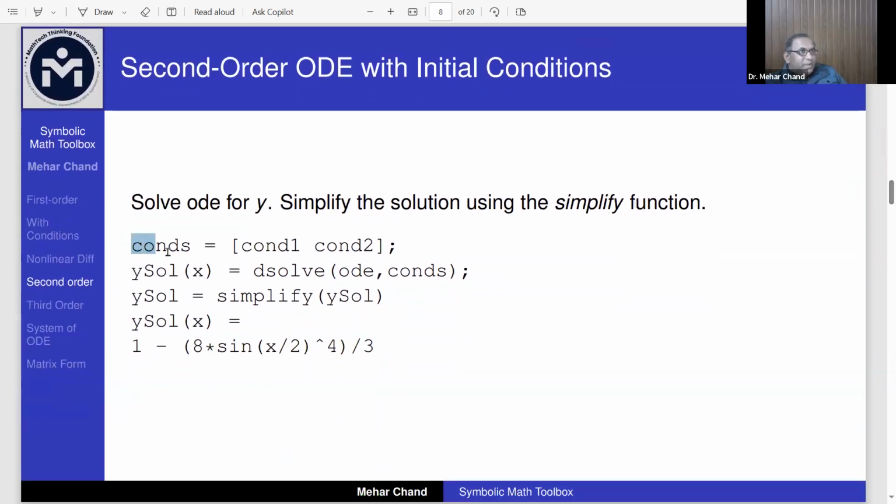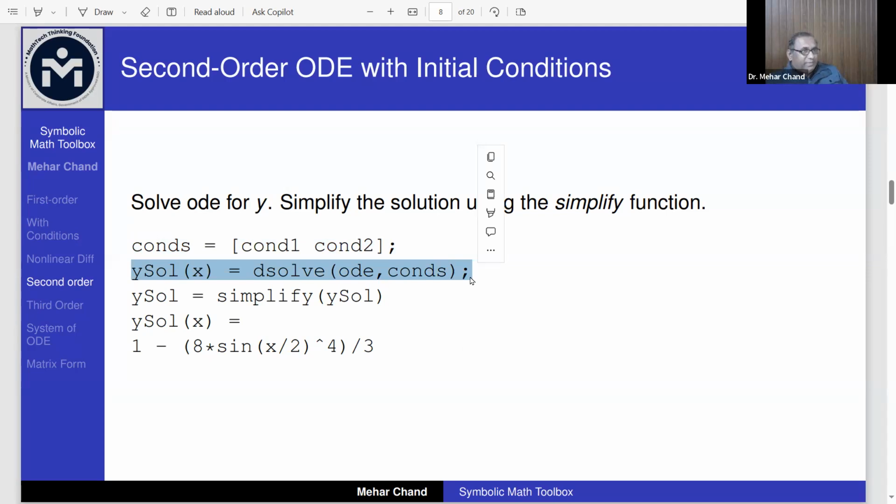At this place we are combining both conditions, condition 1 and condition 2. We can store them in a single assignment variable. We are using the name conditions here. Now we have the same statement.